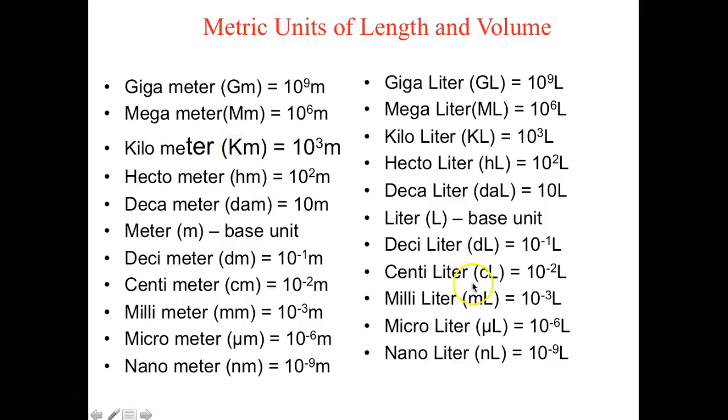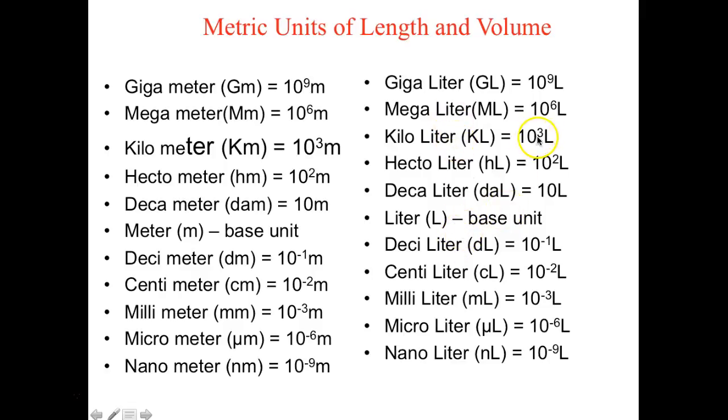Then you can see something very similar for the liter. Liter is the base. Again, 100 centiliters in a liter, 1,000 milliliters in a liter, 10 deciliters in a liter. 10 liters is a decaliter. Again, deca and hecto are not encountered as commonly, but liter and kiloliter are.